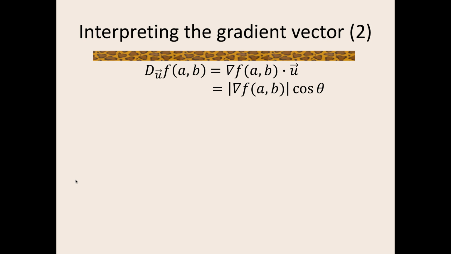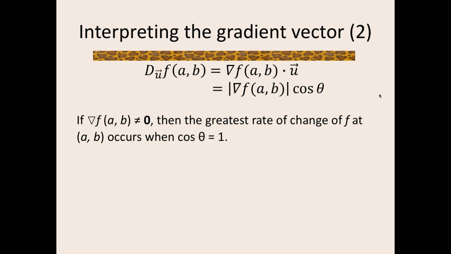Now, once again, looking at the directional derivative as the magnitude of the gradient times the cosine of the angle, we know something about the cosine function. The greatest it can be is 1. And so the greatest rate of change, assuming of course that the gradient is not the 0 vector, occurs when the cosine of theta is equal to 1. Theta is the angle between the gradient and the unit vector.